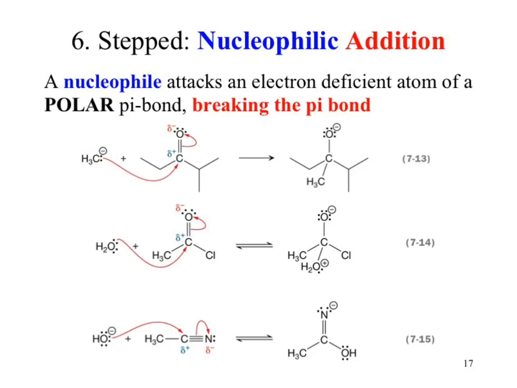It acts as the place that's being attacked by a nucleophile. So it's just a change in the environment of what's happening about our pi bond. Is it being attacked by something? Nucleophilic addition. Is the pi bond attacking something else? Electrophilic addition. Okay, so it's all about how the pi bond acts. Questions on this one?